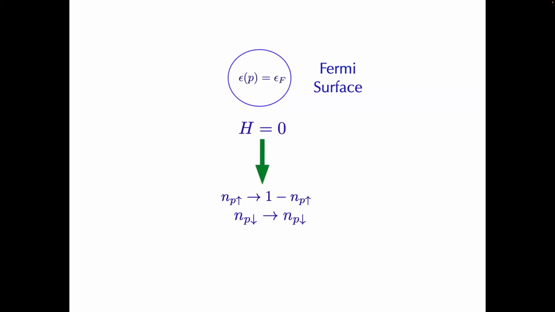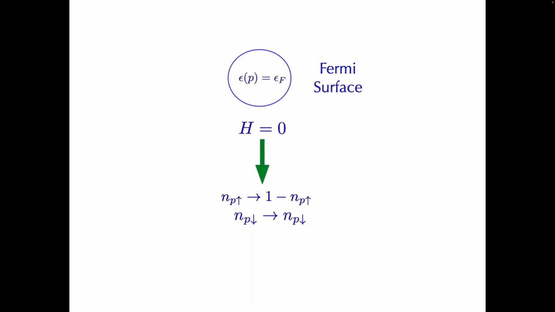So the important thing is that what they noticed is that for electrons, or excitations, right at the Fermi surface, Fermi liquids have a hidden particle-hole transformation, an extra particle-hole transformation for one of the spin species.